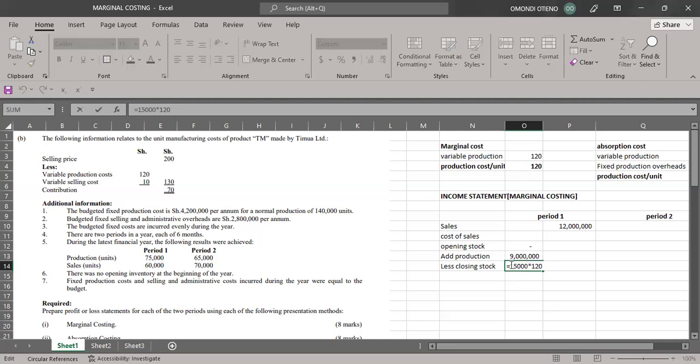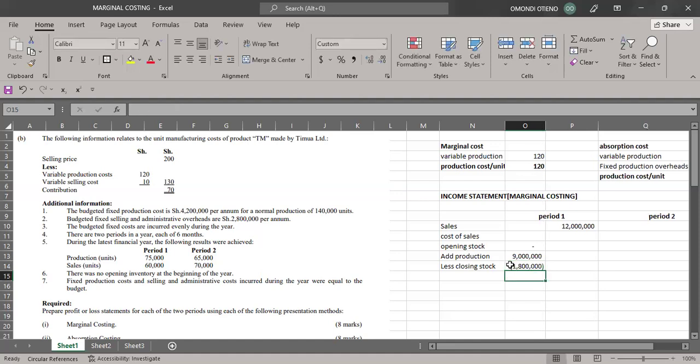And of course, remember, we are dealing with minus closing stock. Good. So what are you getting as the cost of sales? So that you talk about gross profit. Actually, not just gross profit, but gross contribution.